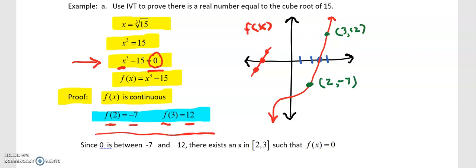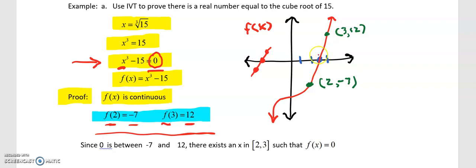We've already established that this function is continuous, and of course you can also see it on this graph right here. If I am trying to graph a continuous function from 2, negative 7 to 3, 12, to get from here to this ordered pair here, I'm definitely going to cross the x-axis somehow, all right? And that's the whole idea of this proof.